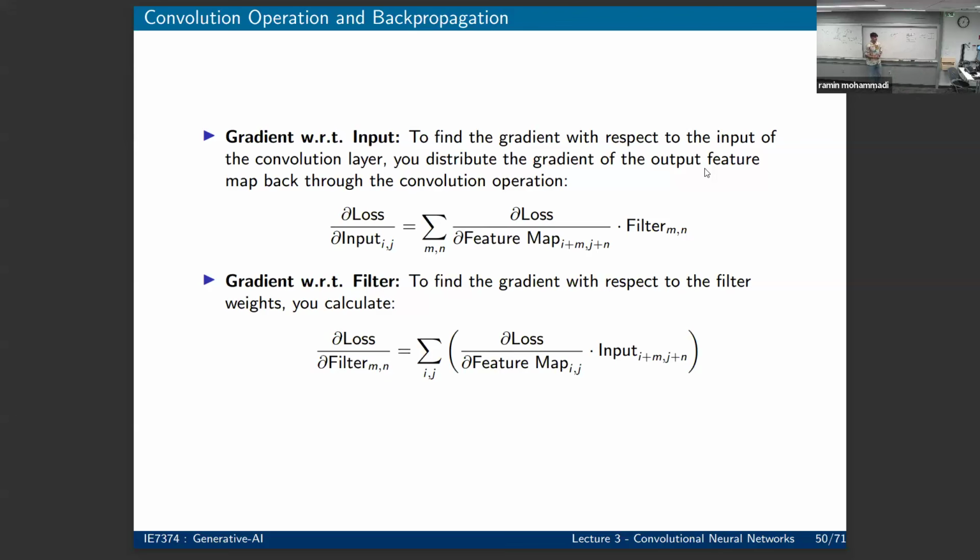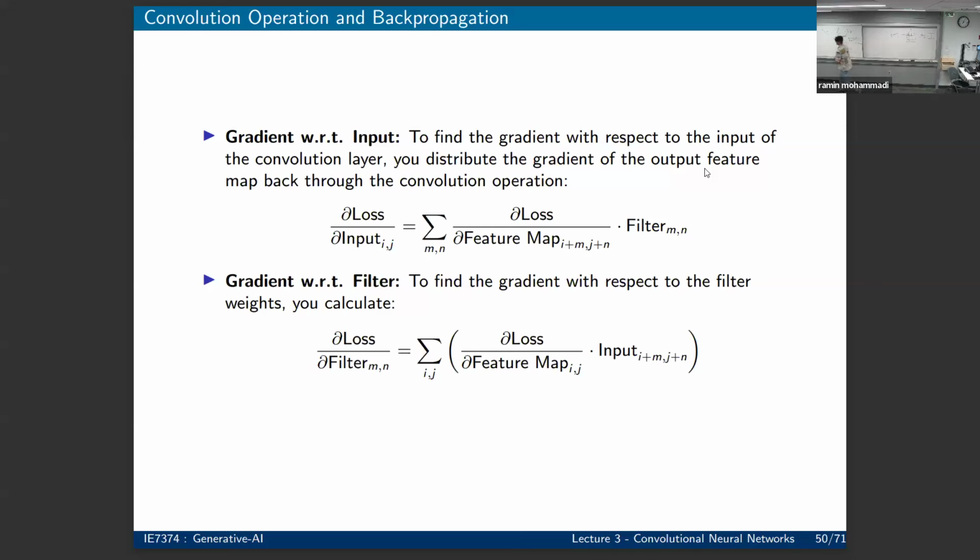So if you have the gradient up to that point, that's the gradient of the output with respect to the output of the activation map, and your goal is to calculate the gradient with respect to the input that generated this, and also with respect to the weights of the kernel that generated it. So there are two gradients we need to find: gradient with respect to the input, and gradient with respect to the weights.